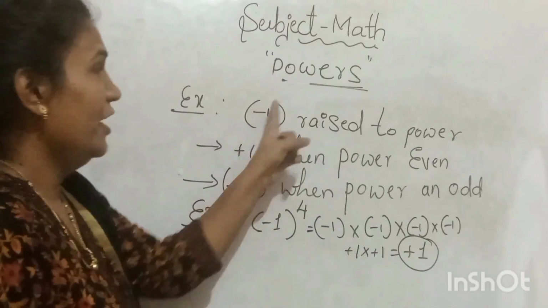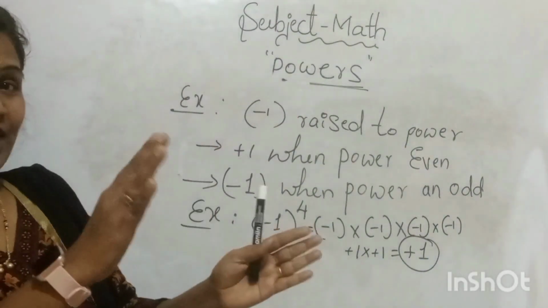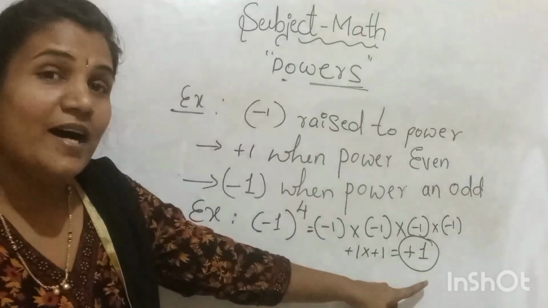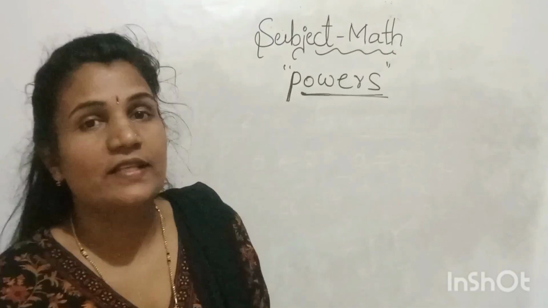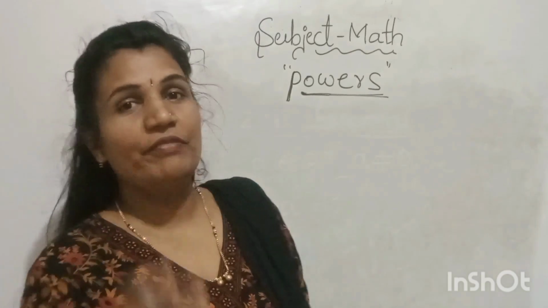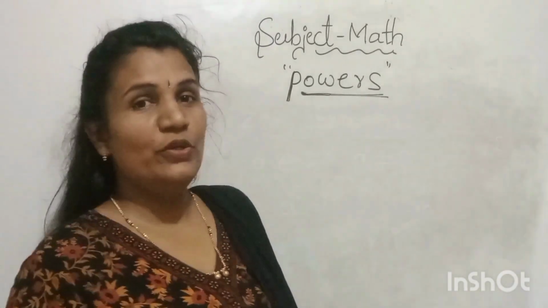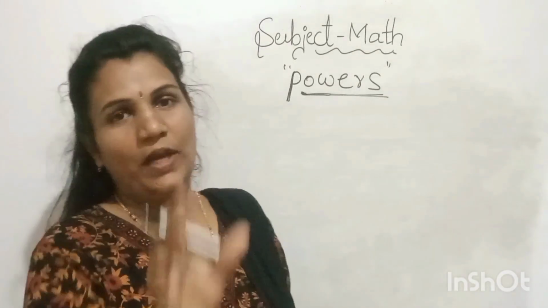If the power is an even number, the answer will be positive 1. In the case of minus 1 to the power of any odd integer, the answer will be negative 1.